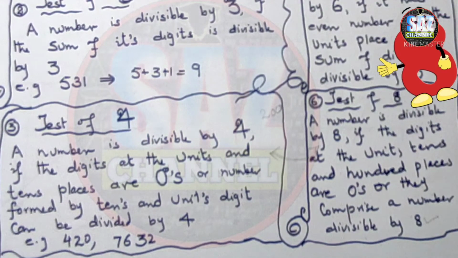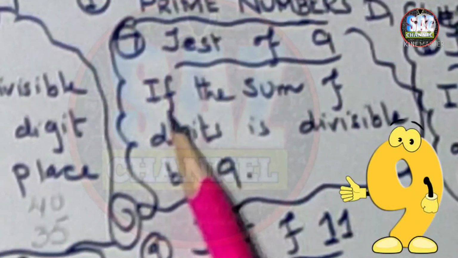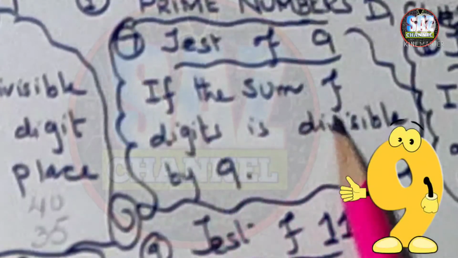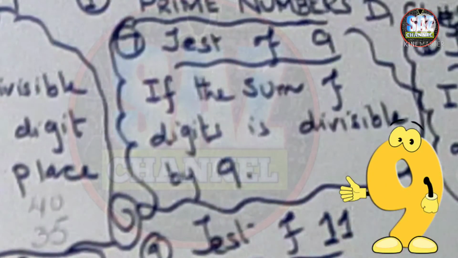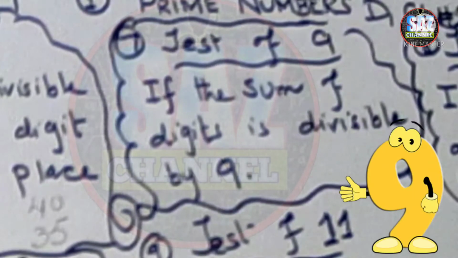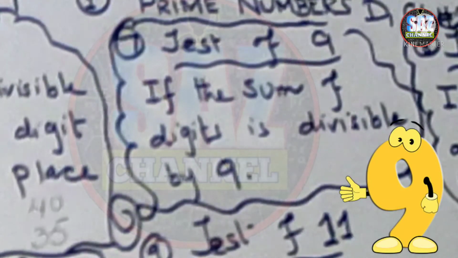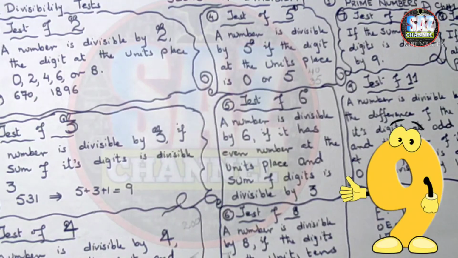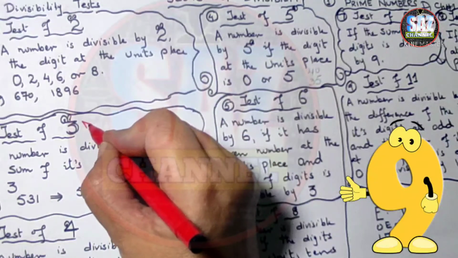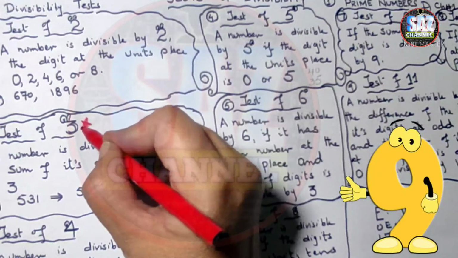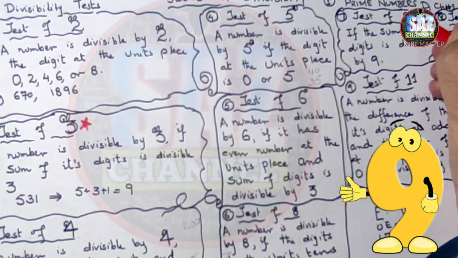Moving to the test of 9. The test of 9 says that if the sum of the digits is divisible by 9, then the complete number will be divisible by 9. Recall, students, which other test says that if the sum of the digits is divisible by that number? That is the divisibility test of 3. Let me make some signs here: the divisibility test of 3 and the divisibility test of 9 are somehow similar.